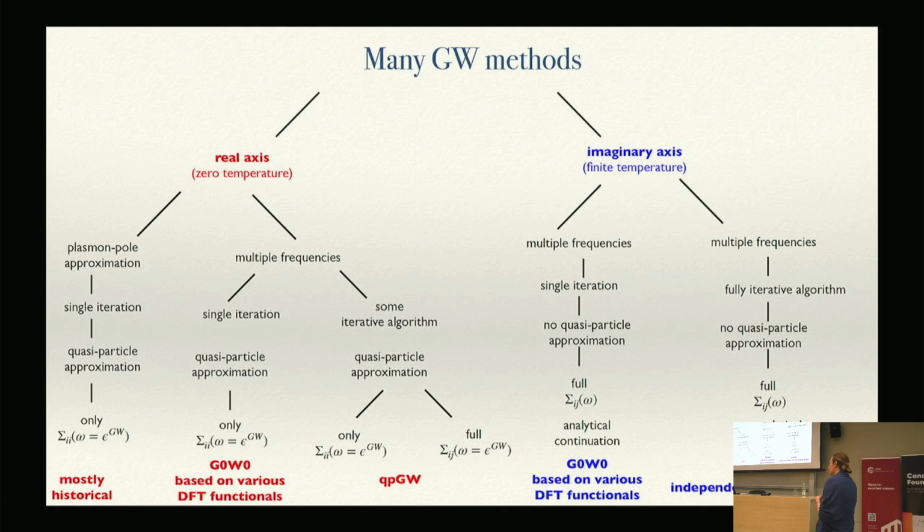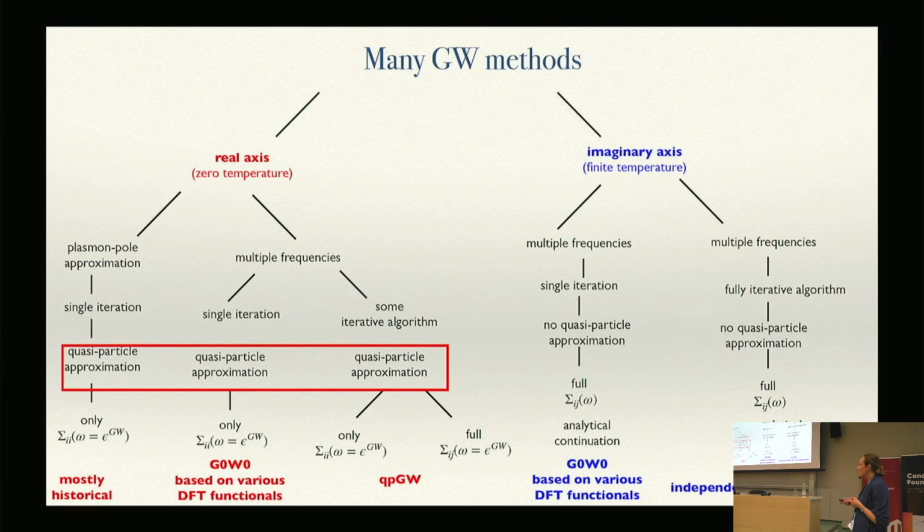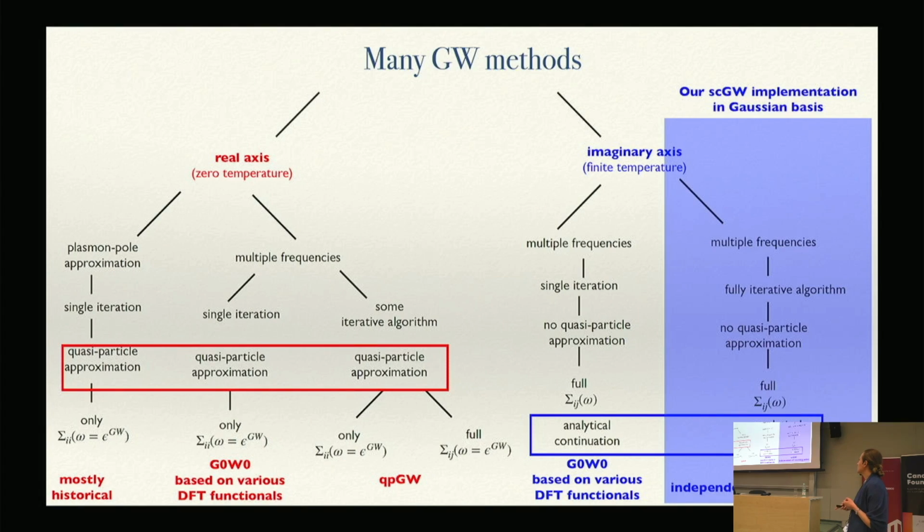We don't rely on the starting point the same way the G0W0 methods do. So if you want to remember something, there are two flavors of the zoo: a quasi-particle approximation, which only gives the diagonal elements of the self-energy, or one can use all elements, but then one has to continue.